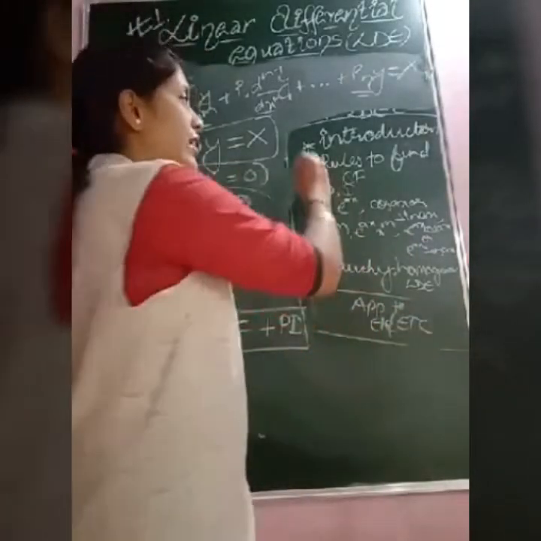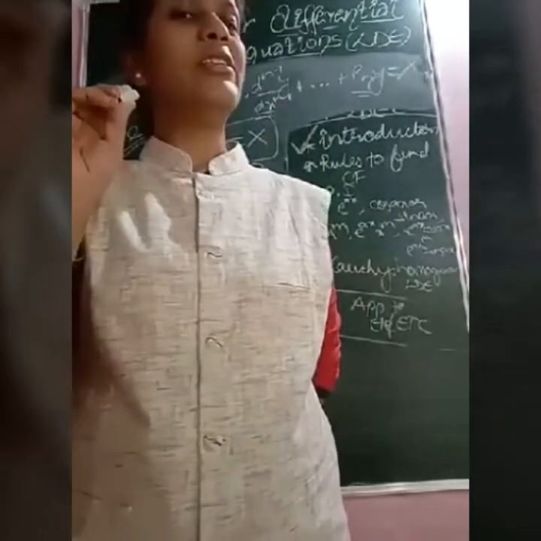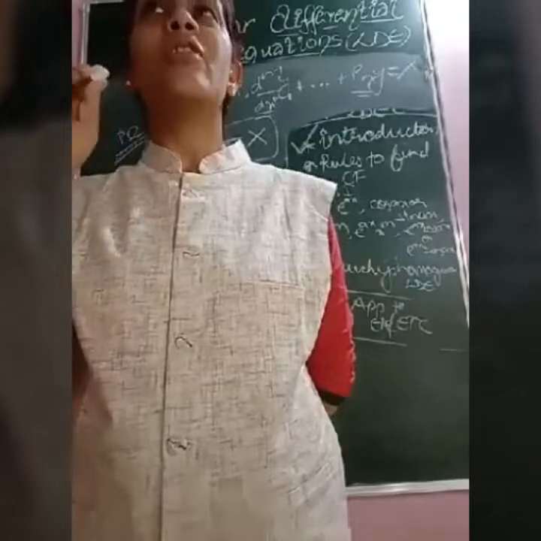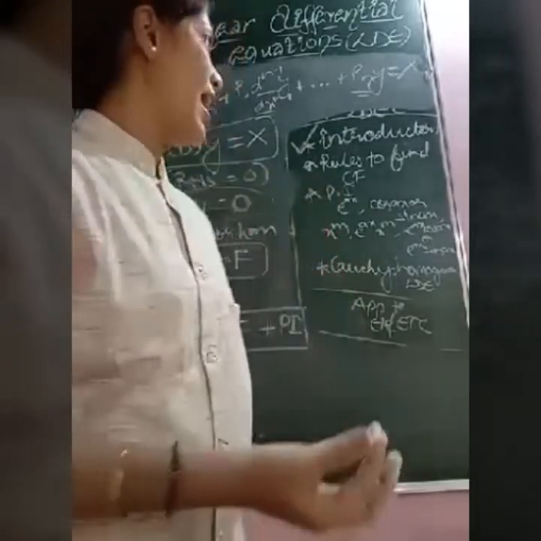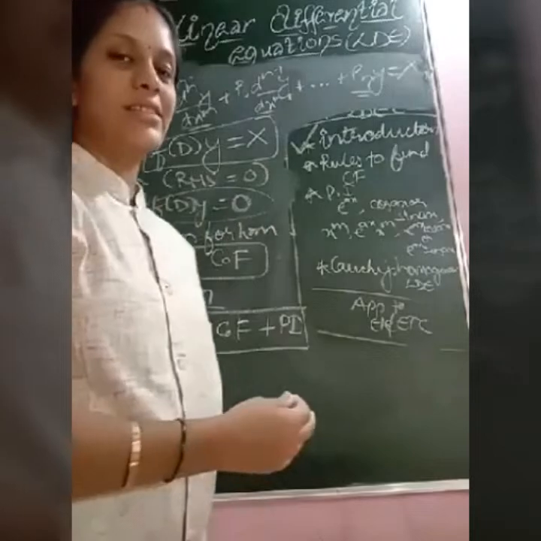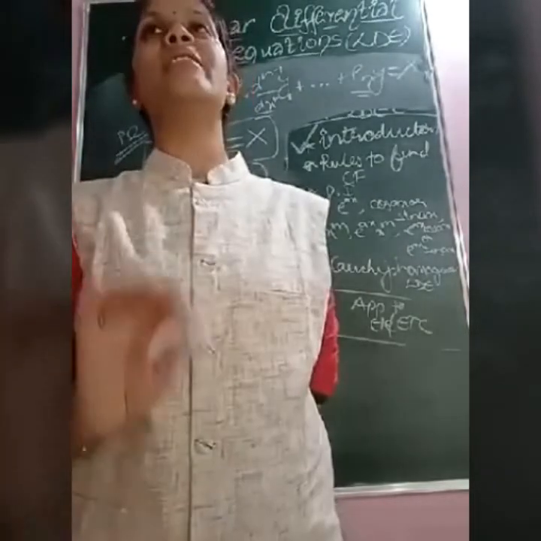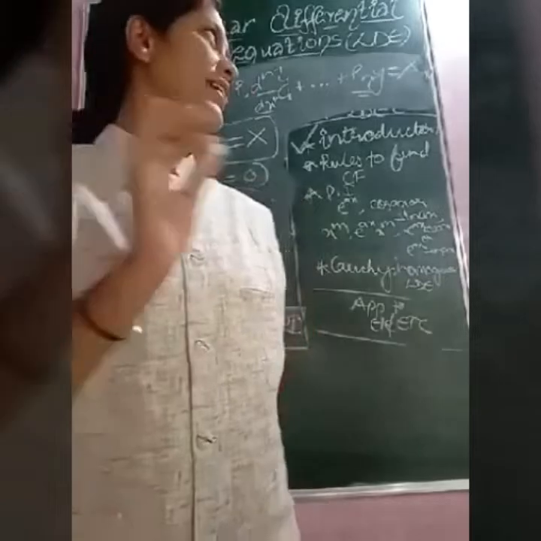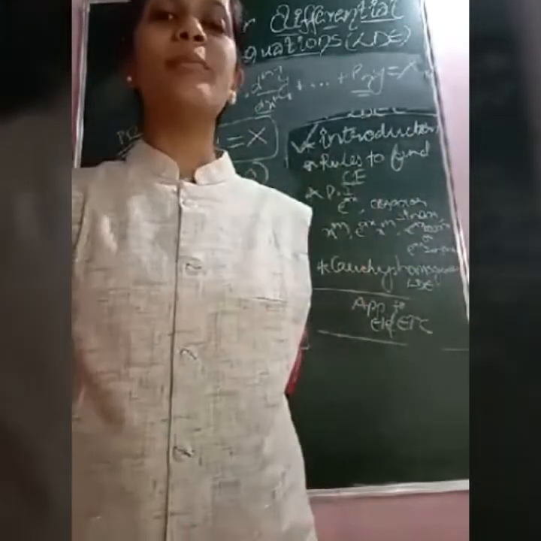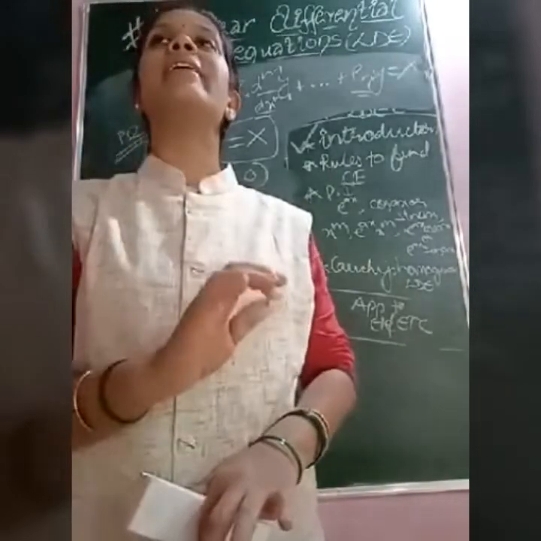Today we have seen the introduction: what is meant by linear differential equation, what is meant by linear differential equation with constant coefficients, and what is meant by homogeneous and non-homogeneous equations. In the next session, we are going to see the rules to find CF, the complementary function. The solution for homogeneous equations is y equal to only CF.